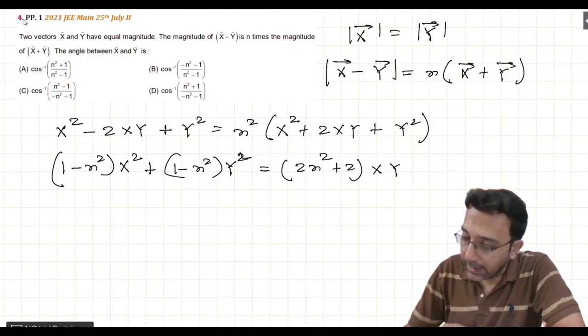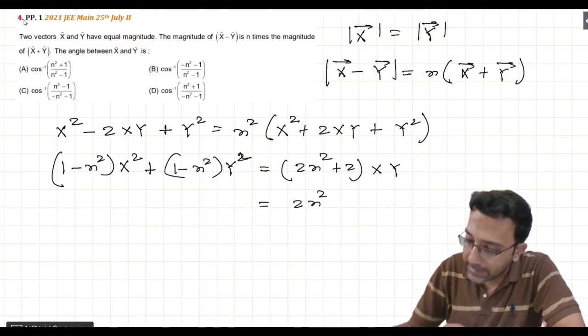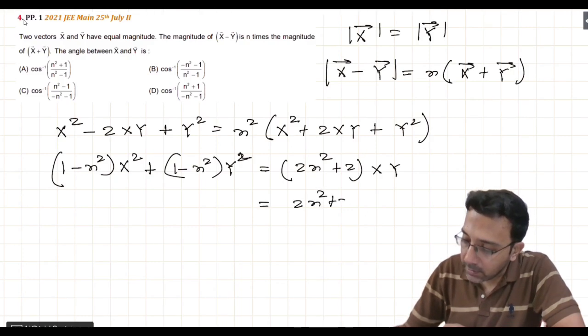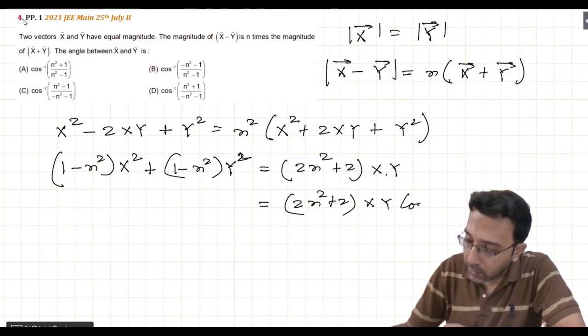So what we are left with, if here it is xy, this can be written on the other side as 2n square plus 2. This also can be written as x dot y, so xy cos theta.